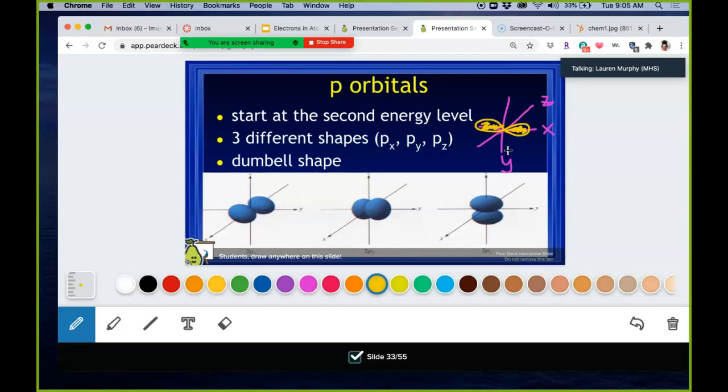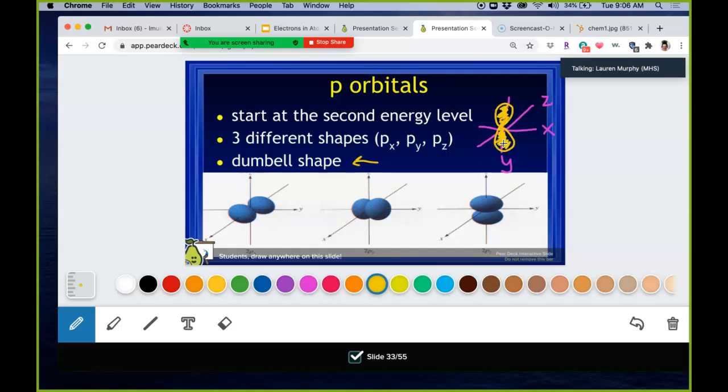Now, a py orbital would look like this. This is the y-axis. So it kind of looks like a figure 8. Again, they call it dumbbell shape, so you need to know this one. This is what it's generally referred to. So this would be a py orbital.